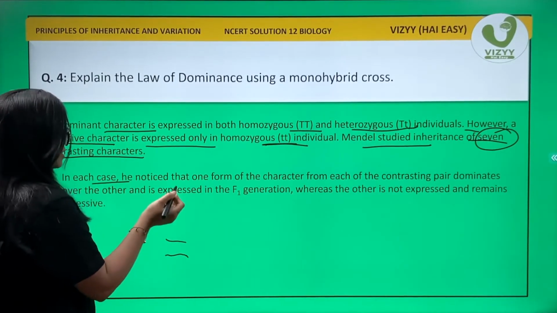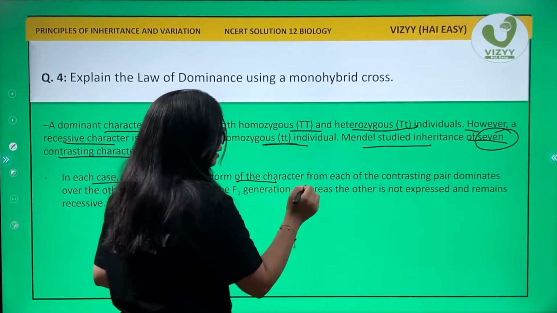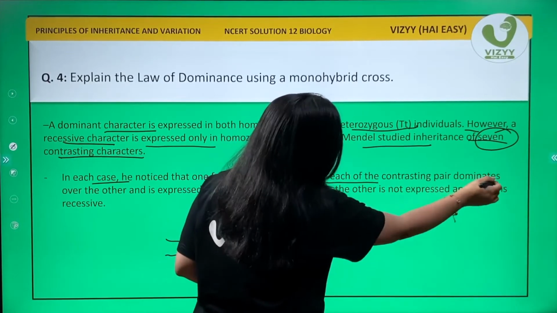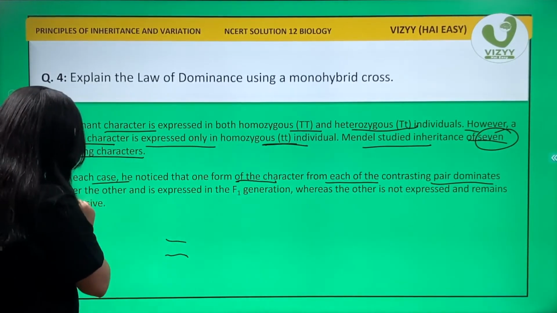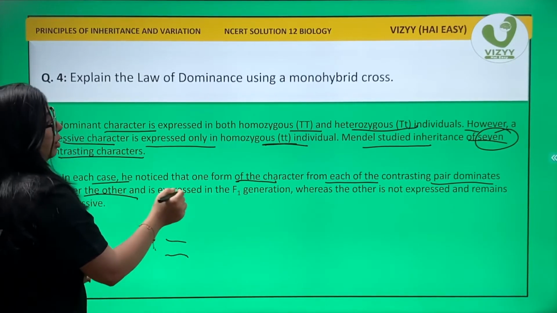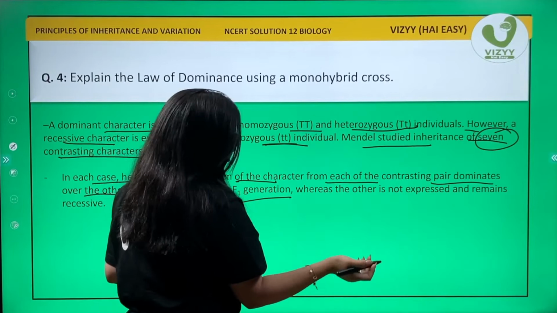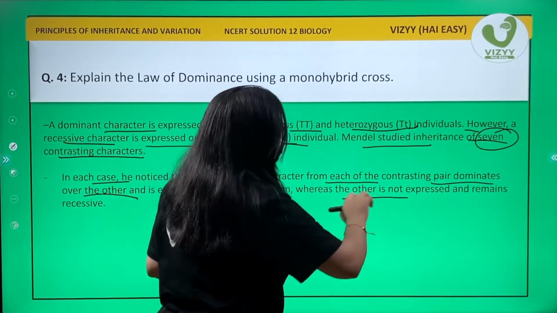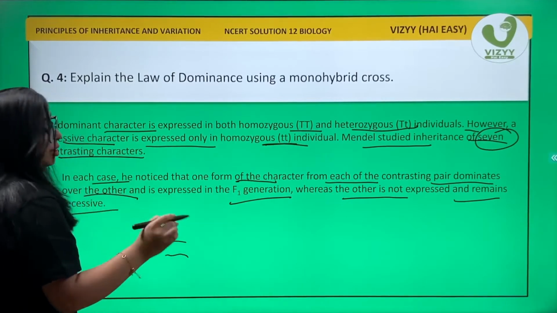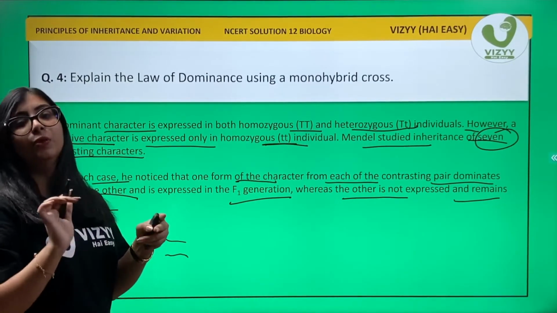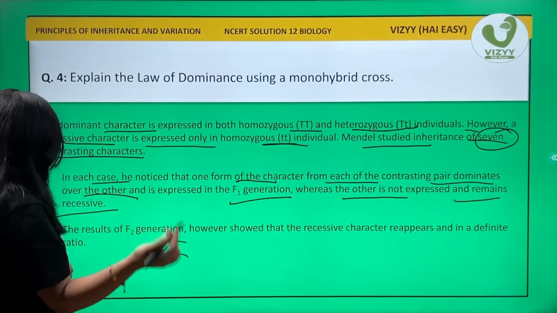In each case, he noticed that one form of the character from each contrasting pair dominates over the other one and is expressed in the F1 generation, whereas the other one is not expressed and remains latent or recessive. So students, this is your law of dominance.